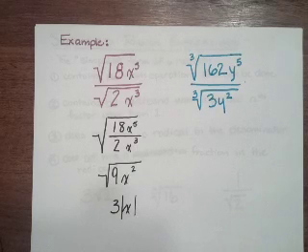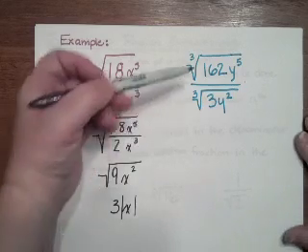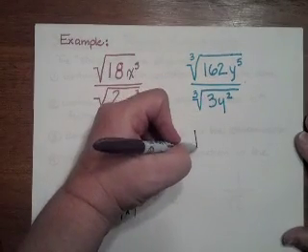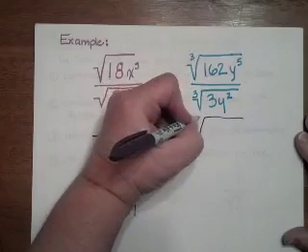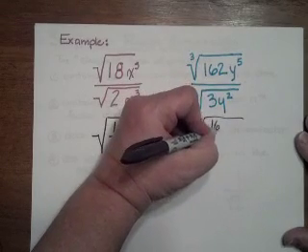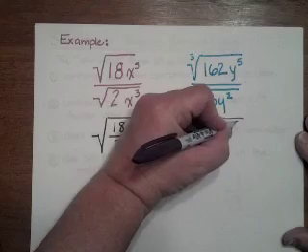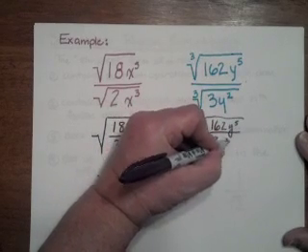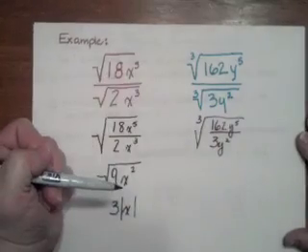I have the cube root this time of 162y to the 5th divided by the cube root of 3y squared. So once again, I'm going to put them under the same radical to see if I can simplify. So I have 162y to the 5th divided by 3y squared, all under the cube root.